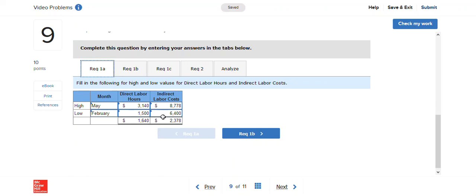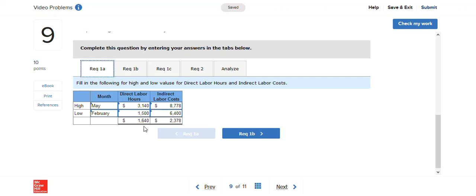To do the calculation, we're going to take these totals from the first chart. So we're looking at the difference in the high-low. You're looking at the differential between your indirect labor cost and the difference in your direct labor hours. And we're going to divide those to get a rate.